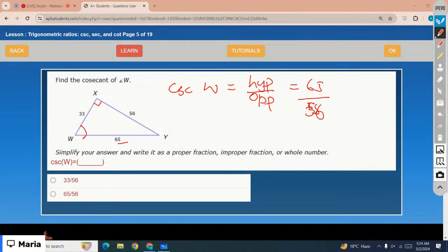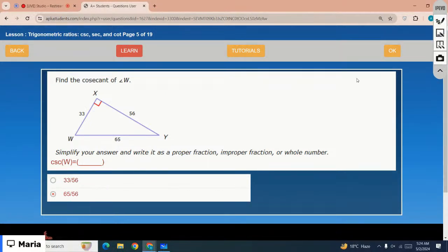The correct option is 65 over 56. Option number 2 is the correct option.